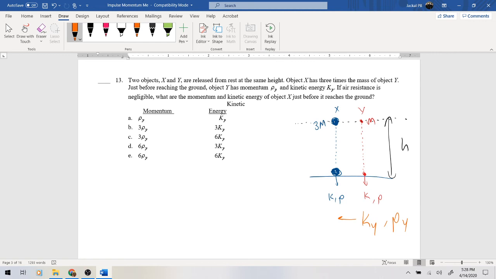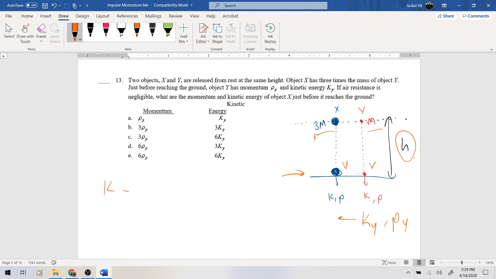So one thing that we need to recognize is the only difference is in the mass. And the other thing is they are dropped from the same height. So that means when they are at the ground, mass is not important. They are going to have the same velocity.